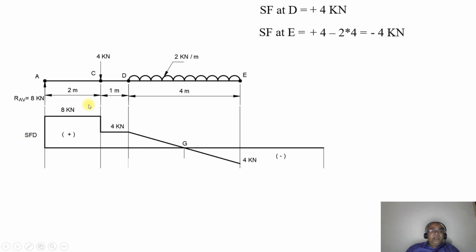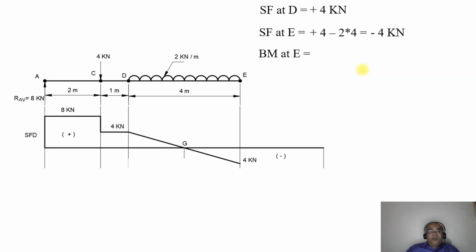So at the point D you have 4 kilonewton, and at the point E you get minus 4 kilonewton. Then join between 4 kilonewton and minus 4 kilonewton in the downward direction, which will be negative here. Since it varies linearly, that is because you have a UDL, which is W into X, and the power of X is 1, naturally we get a linear curve.